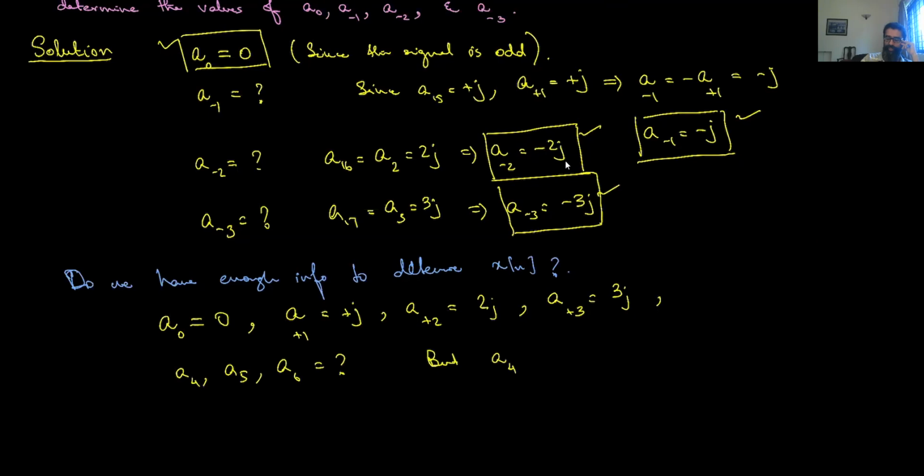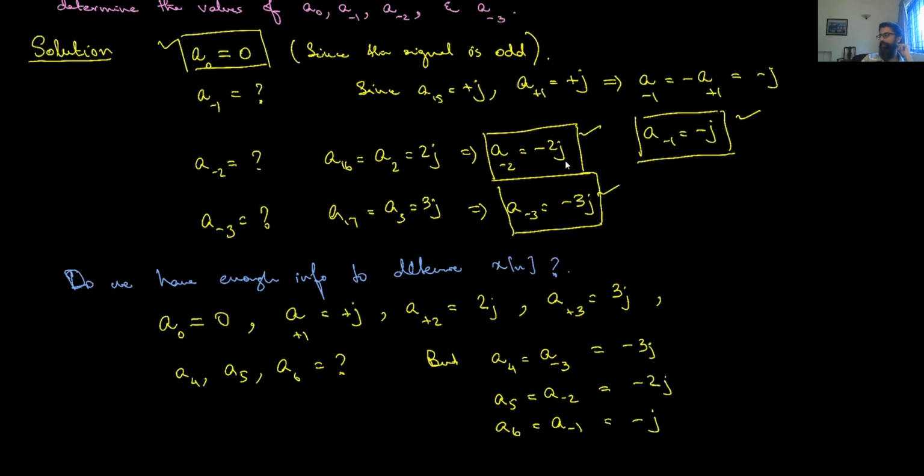So a4 is going to be equal to a of minus 3 as well. Why? Because of periodicity. 4 minus 7 is minus 3. And a5 is going to be equal to a of minus 2, and a6 is going to be equal to a of minus 1. And these are things we know already from up above. So this is minus 3j, and this is minus 2j, and this is minus j.